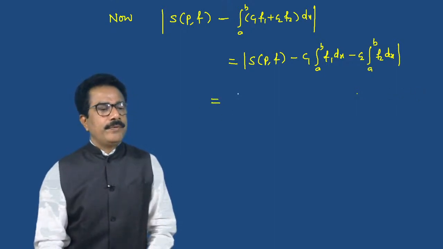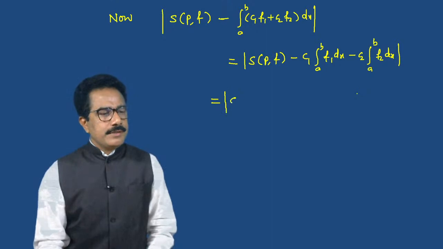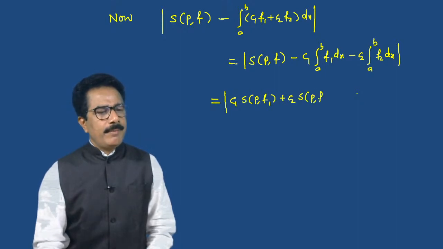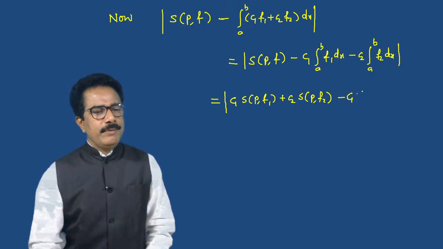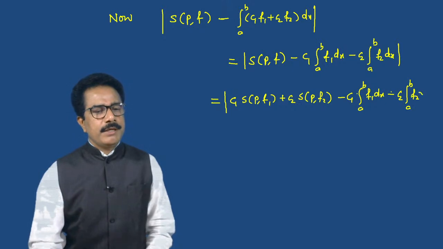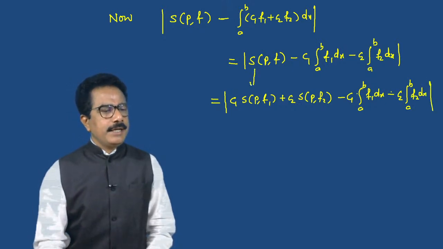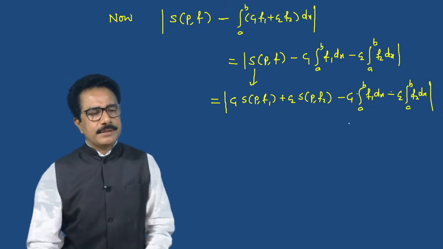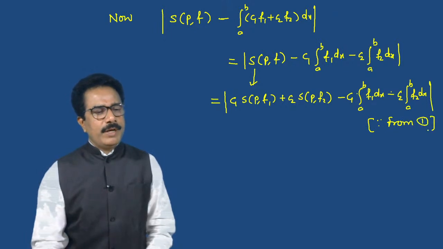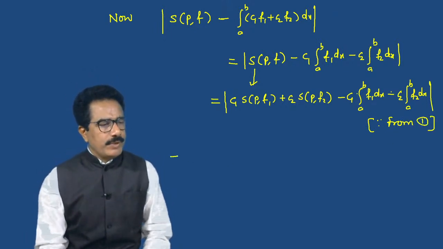Which is equal to, from 1, what is that? c1 S of P comma f1 plus c2 S of P comma f2 minus c1 integral from a to b f1 dx minus c2 integral from a to b f2 dx. काय केलं इथं रिप्लेस केला याला, कारण फ्रॉम 1 वरनं लिहिलं. Now that can be written as, now we can convert this.